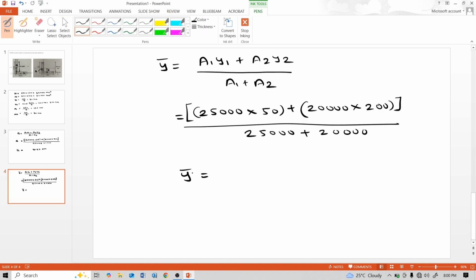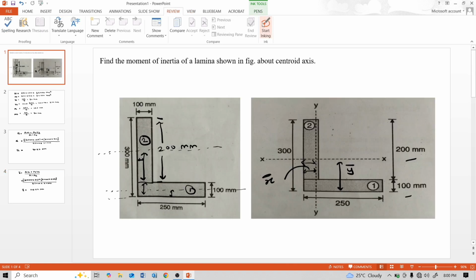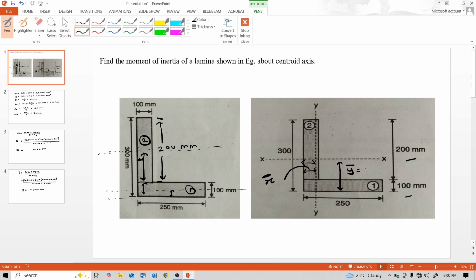Y bar is equal to 116.67 mm. That means this x-axis is situated 116.67 mm from the bottom.